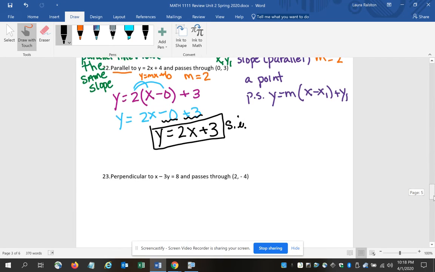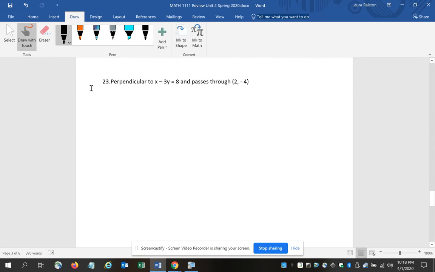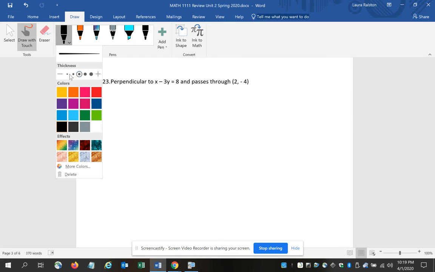Okay, then one more we have: write the equation of the line that is perpendicular to x minus 3y equals 8 and passes through (2, -4).